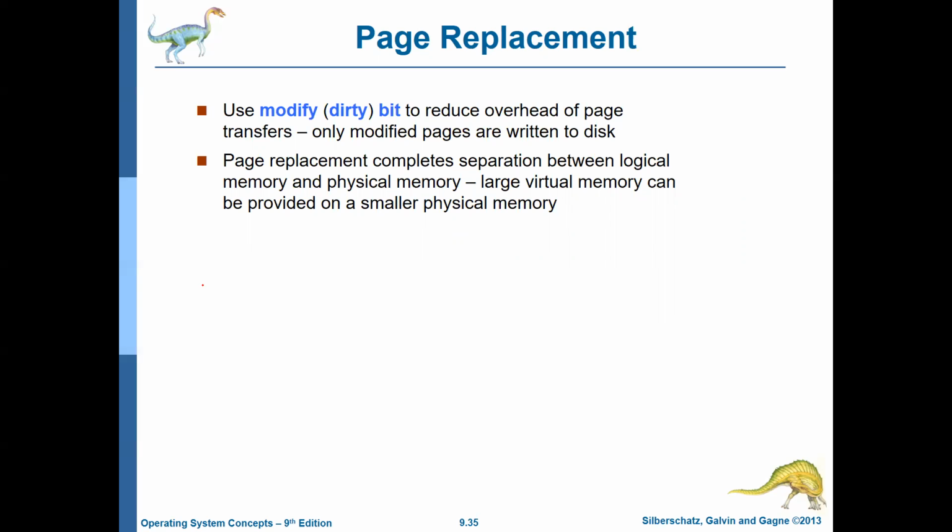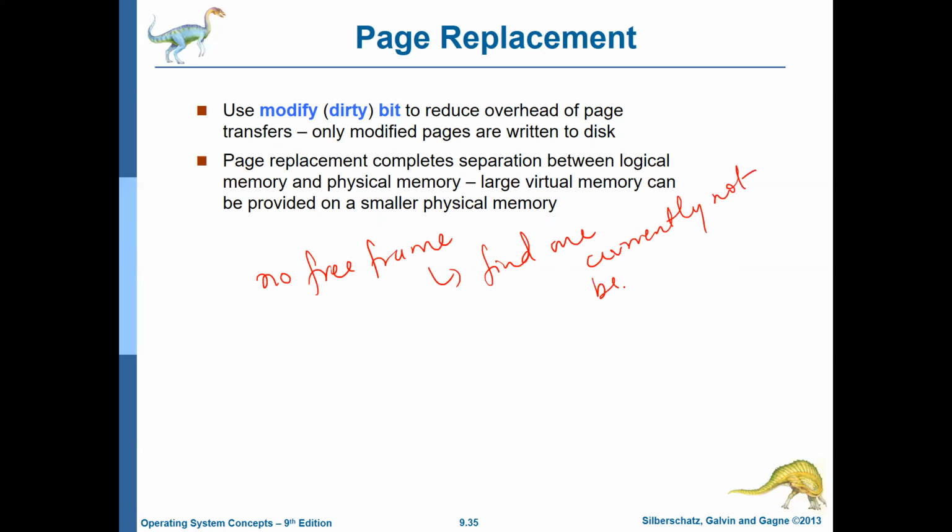If no free frame is available, you do not have any free frame, then what we have to do is find one that is currently not being used, and we free that location and then swap in the required one. That is the basic idea of page replacement.